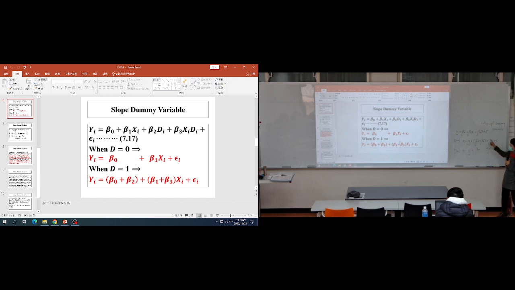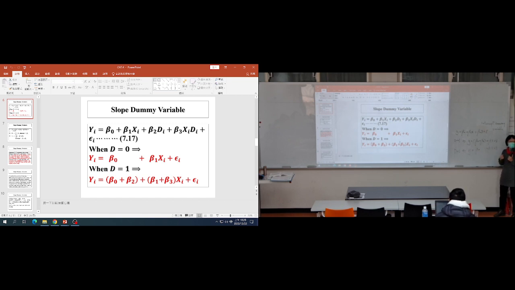So if my regression equation is like this, what's the story we end up with? If D is equal to 1, this is male, and this is female. This means no matter how many years you're working, the slope is always beta 1.